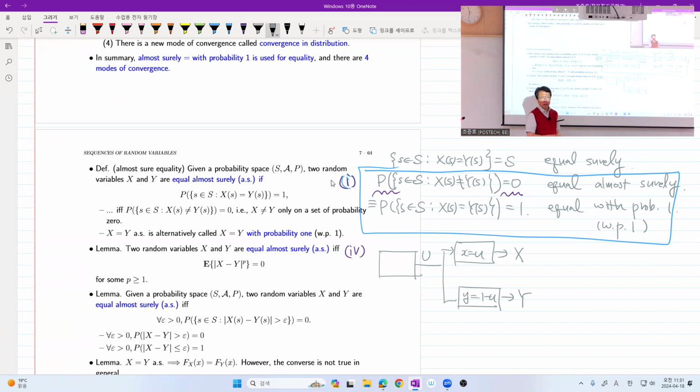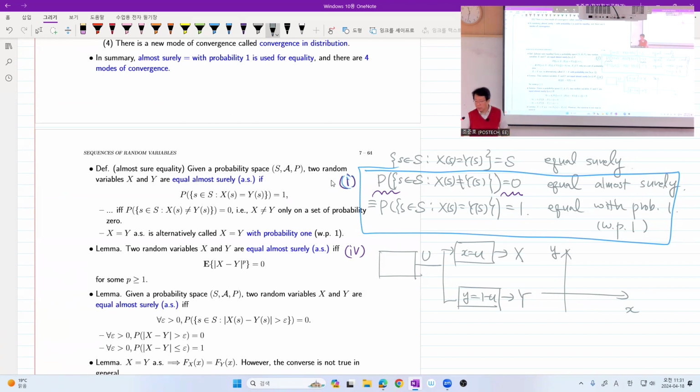Whenever you are asked such a question related to two jointly distributed random variables, your standard approach is to consider the 2D histogram. Now, suppose u is 1. What happens? 1, 0. U is 0.1, then 0.1, 0.9.